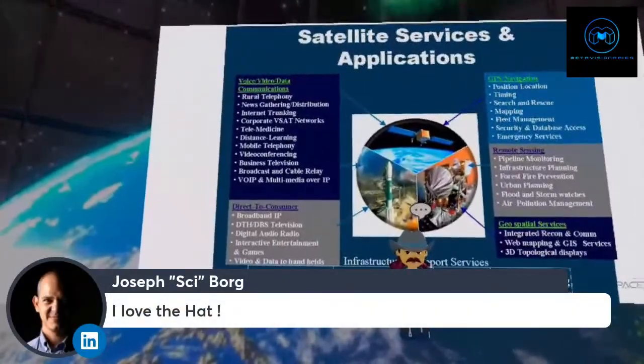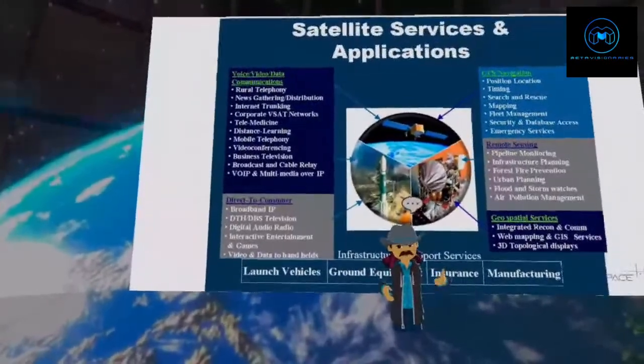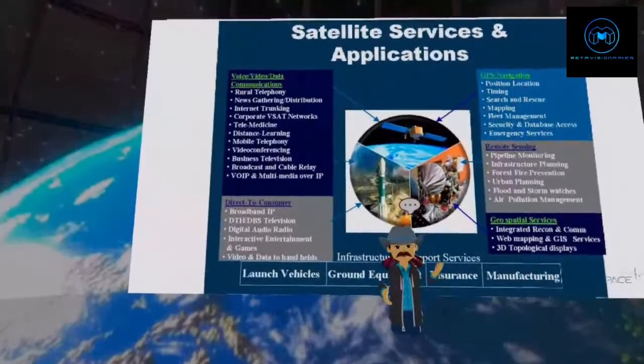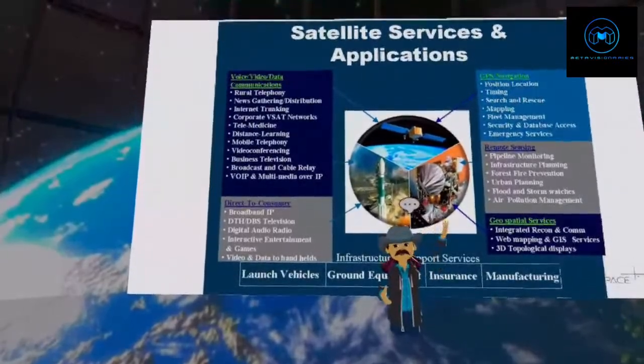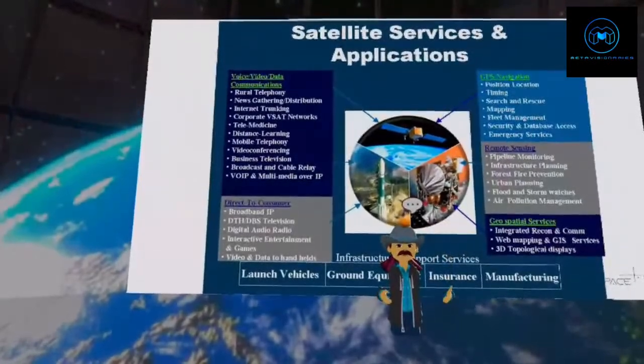Then we have remote sensing and the many different applications that we use. Jim did a wonderful job of talking about space science and looking out at the heavens, looking at other planets and asteroids, looking at other galaxies.